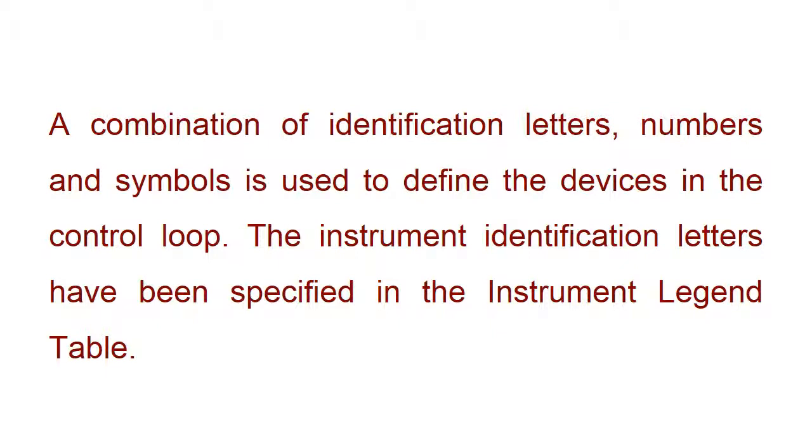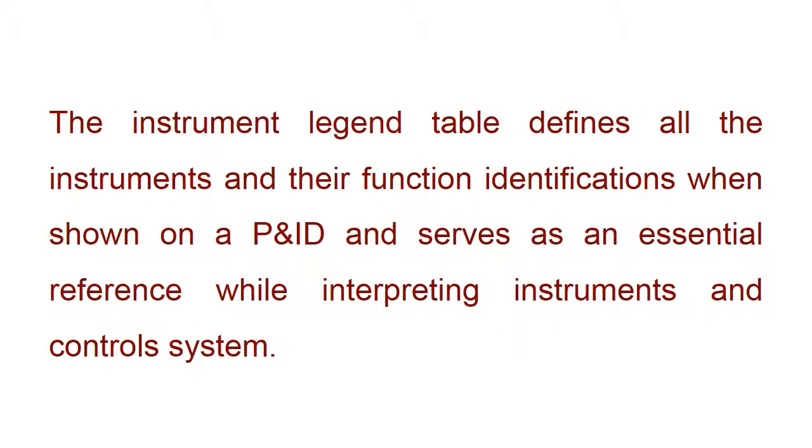The instrument identification letters have been specified in the Instrument Legend table. The Instrument Legend table defines all the instruments and their function identifications when shown on a P&ID, and serves as an essential reference while interpreting instruments and control system.